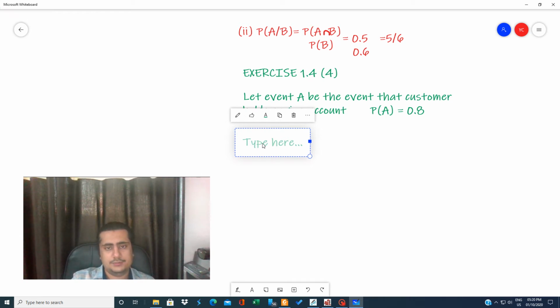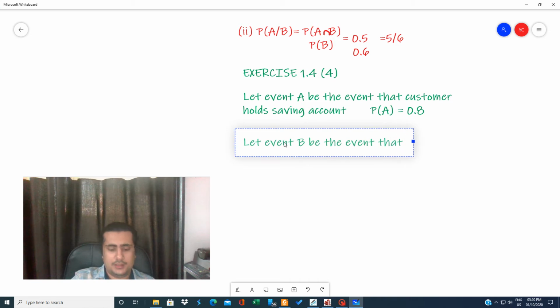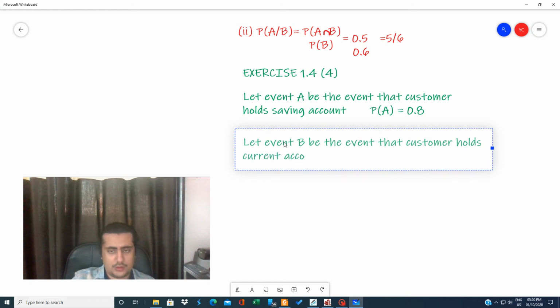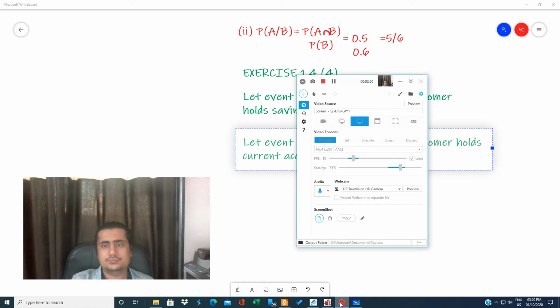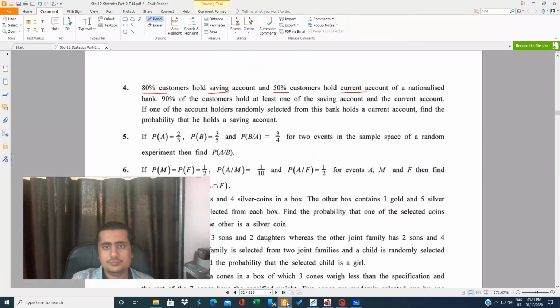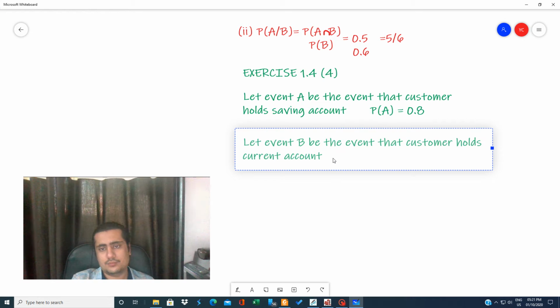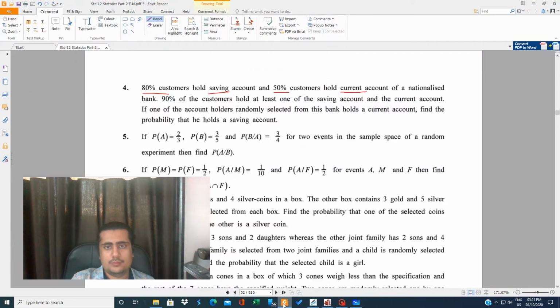So let event B be the event that the customer holds a current account. P of B is 0.5.